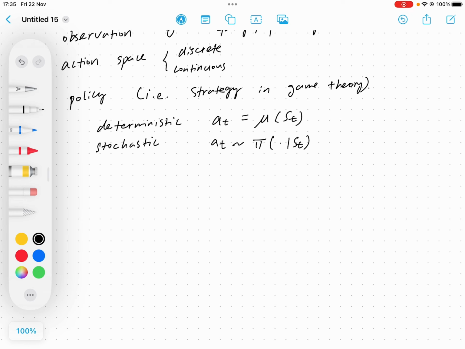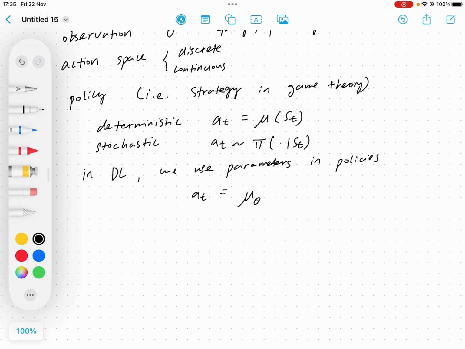We will even have a neural network or something more complicated than that for those policies. So in deep reinforcement learning, we use some parameters in the policies for those models, right? So a_t in this case could be written as some mu theta.